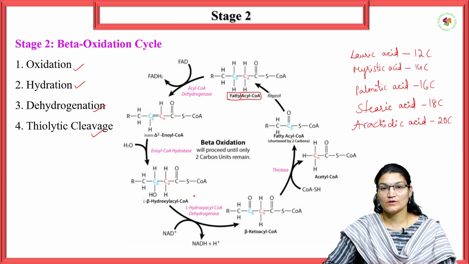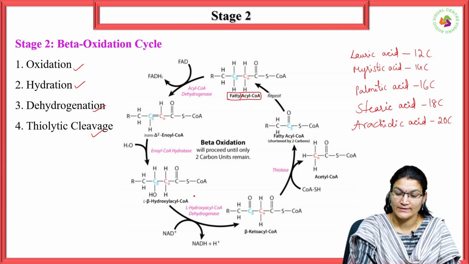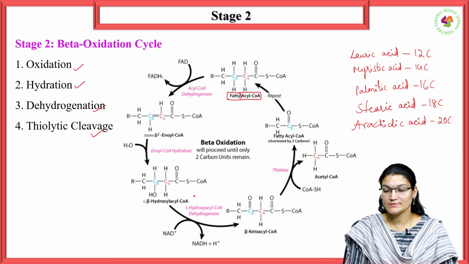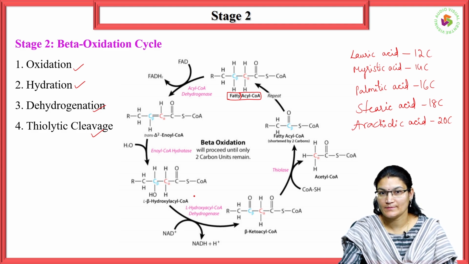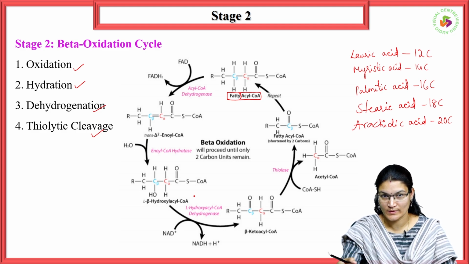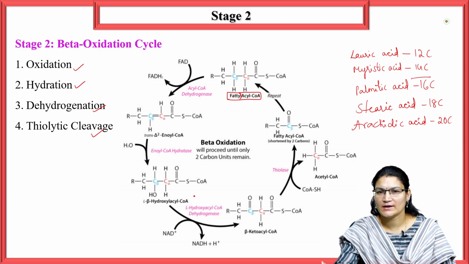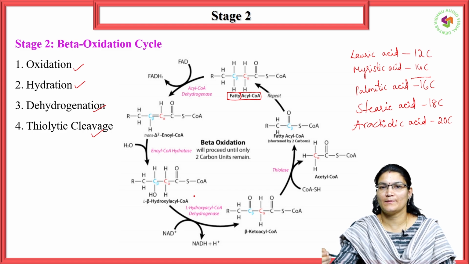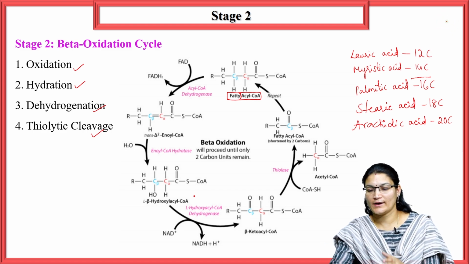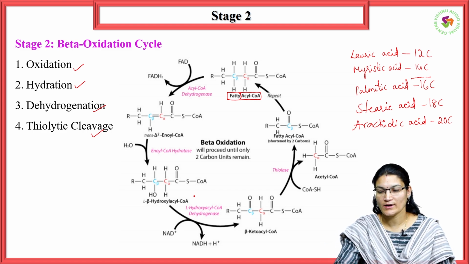Depending on the length of the carbon chain, fatty is replaced by lauric acyl coenzyme A if the number of carbons is 12, myristic acyl coenzyme A if 14, and palmitic, stearic, or arachidic acyl coenzyme A for longer chains.